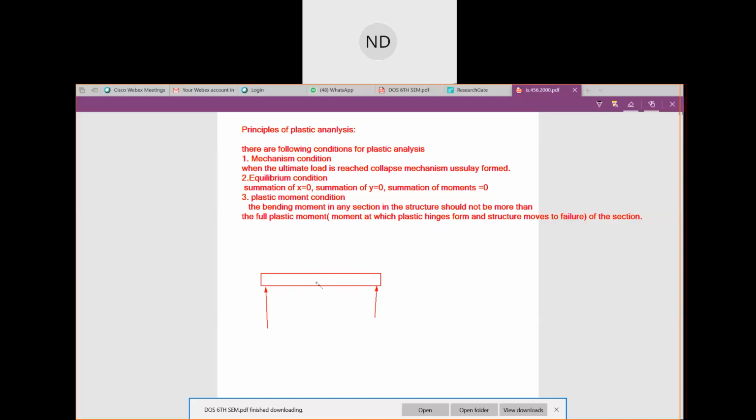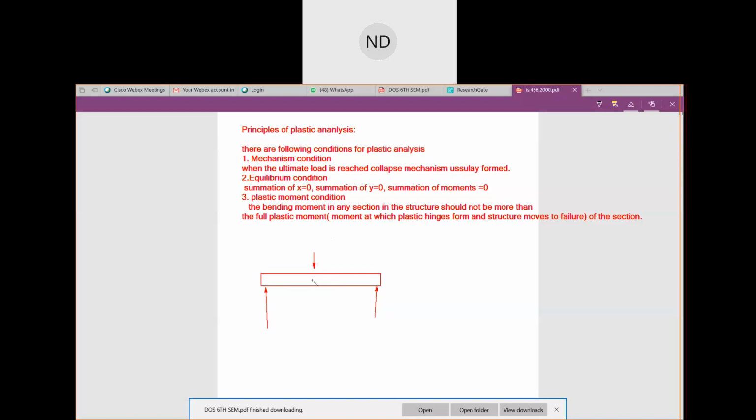As this load gets increased, the stresses in the fibers of the beam reach the yield stress, right? As the load gets increased, the fibers inside this beam reach their yield stress.